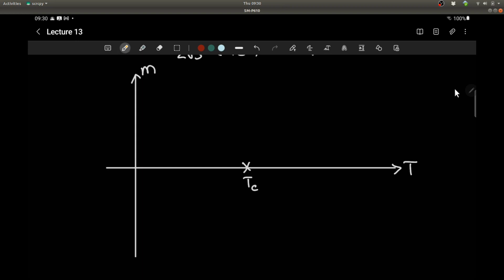Okay, so what is the magnetization for T greater than TC? 0. Okay, I'm just drawing it just above that, but you know it is 0.